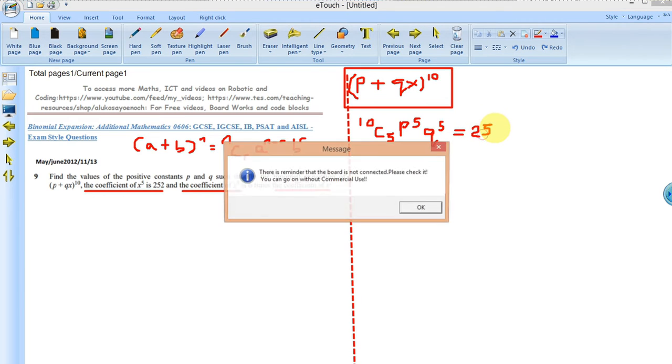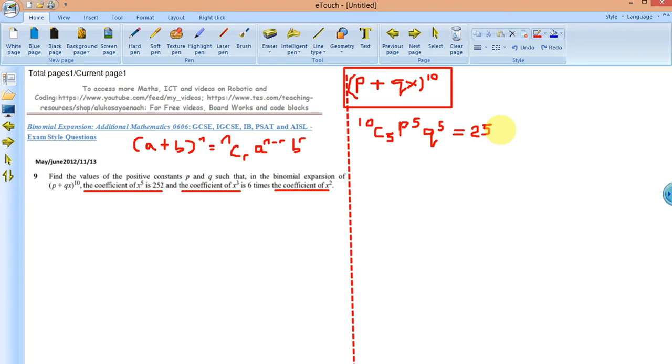So I can calculate now what is 10 combination 5. That is 10 shift combination 5. Funny enough, that is also 252. So I have 252. Guys, because these have the same index, I can go ahead and combine pq all raised to the power of 5 equals 252.